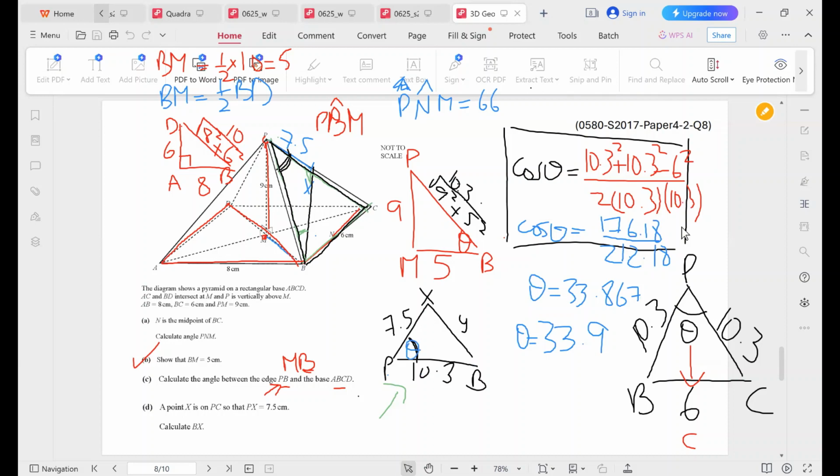So we're going to use the other form of the cosine rule. We're going to say y squared equals 7.5 squared plus 10.3 squared minus 2 open brackets, 7.5 multiplied by 10.3 multiplied by, let's just write this 3 here, multiplied by cosine of theta, which is 33.9.